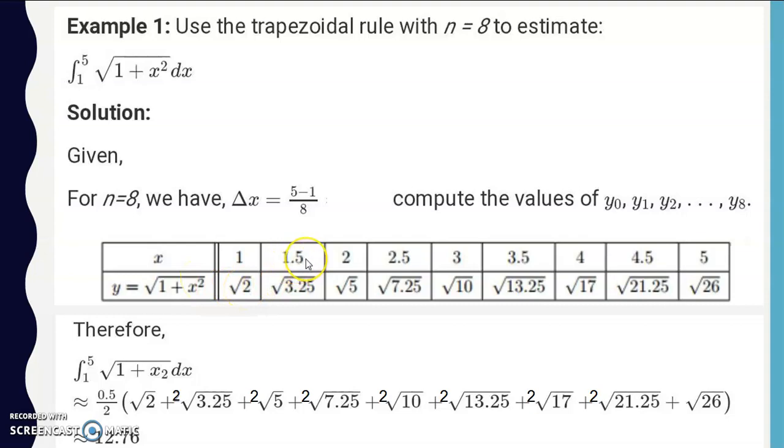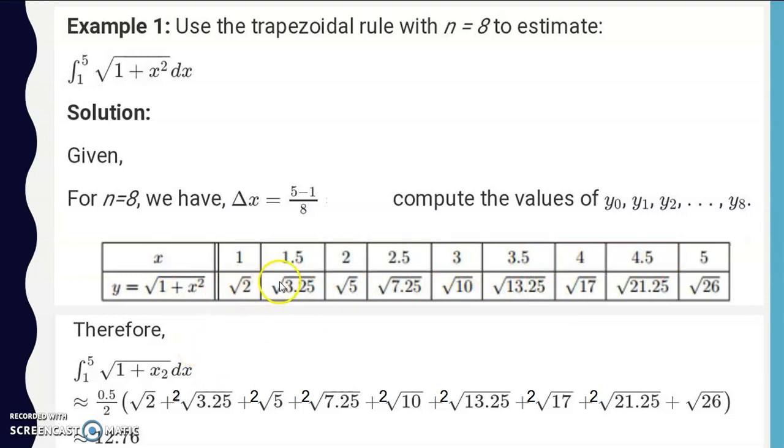When x will be 1.5, then y will be under root of 1 plus 1.5 square, so that is under root of 3.25. When x will be 2, then y will be root of 1 plus 2 square, so under root of 5. So by substituting x values, we get the y values.